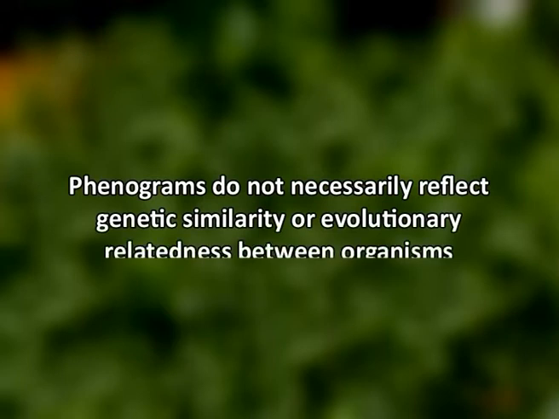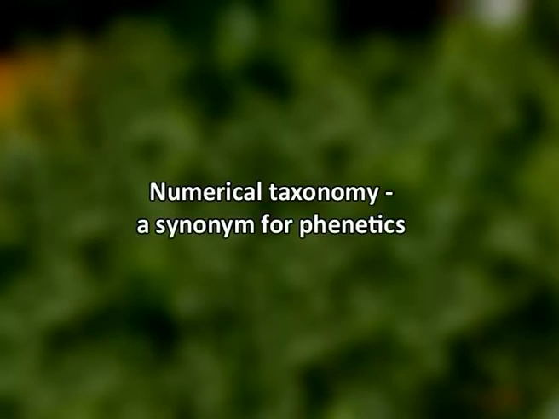The phenograms do not necessarily reflect the genetic similarity or evolutionary relatedness between the organisms. Numerical taxonomy is almost entirely predicated on the basis of morphological characters. As a result, it is considered a synonym for phenetics. However, phenetic classification need not always be numerically based.